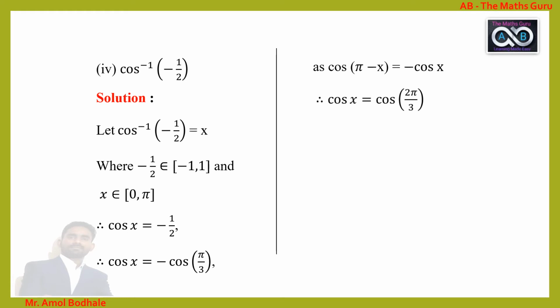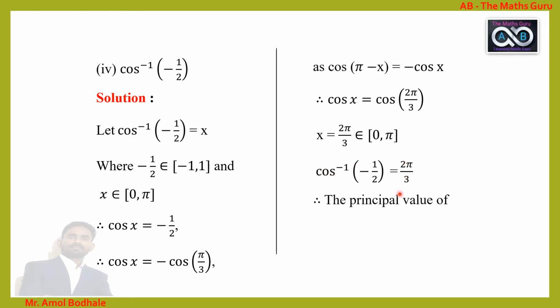Therefore cos x equals minus cos of pi by 3, which can be written as cos of pi minus pi by 3, that is 2 pi by 3. So x is equal to 2 pi by 3, where 2 pi by 3 lies between 0 and pi. Therefore cos inverse of minus 1 by 2 equals 2 pi by 3. Therefore the principal value of cos inverse of minus half is 2 pi by 3.